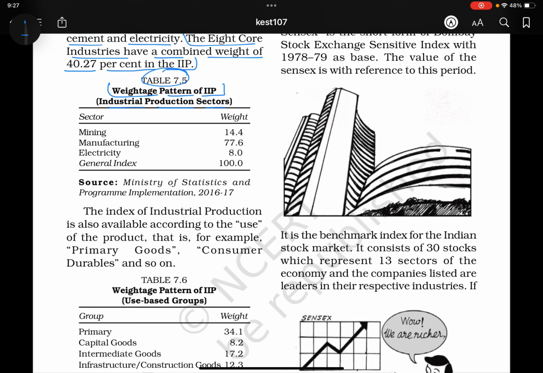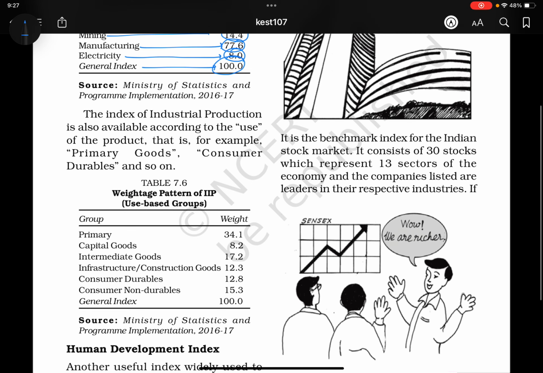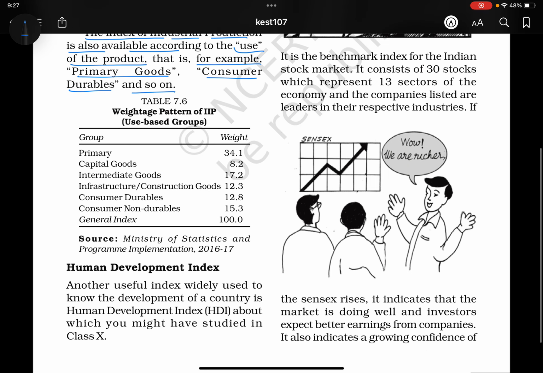Table 7.5, weightage pattern of IIP, industrial production sectors. What is the weightage? Mining 14.4%, manufacturing 77.6%, electricity 8%, and the general index 100% total. The index of industrial production is also available according to the use of the product, that is, for example, primary goods, consumer durables, and so on.